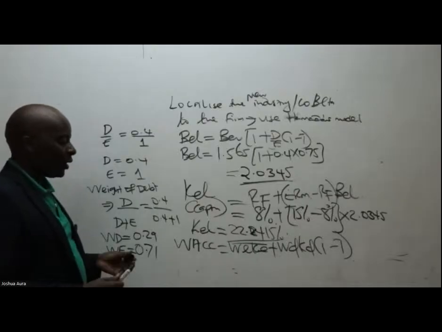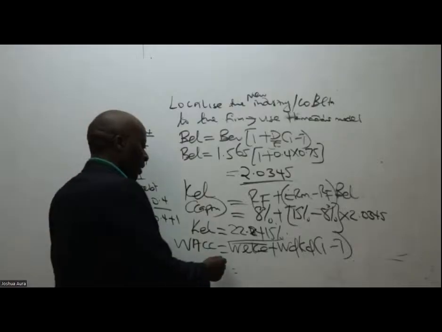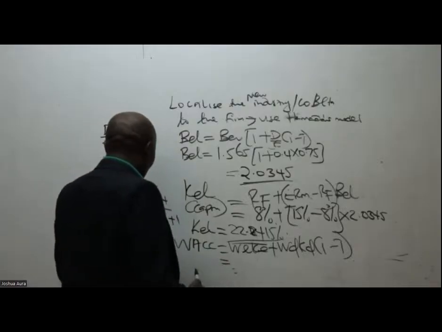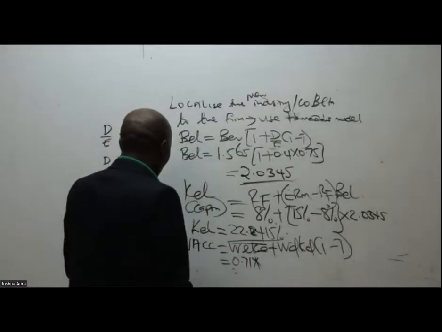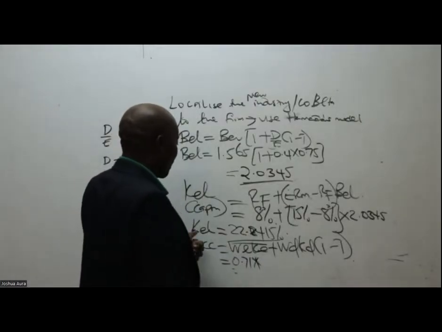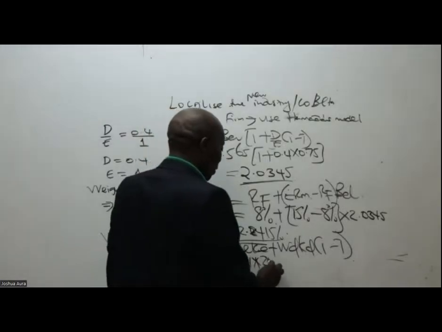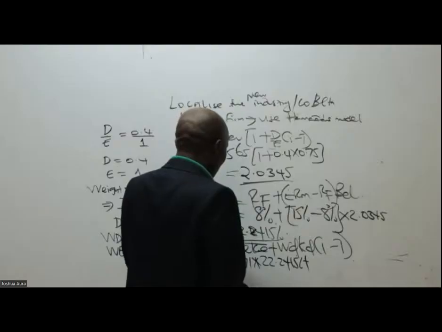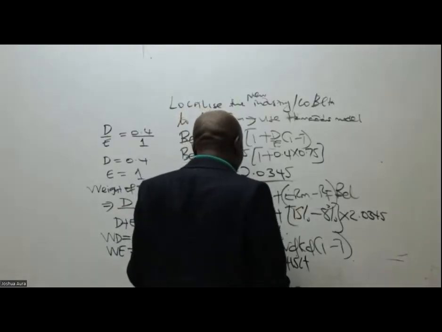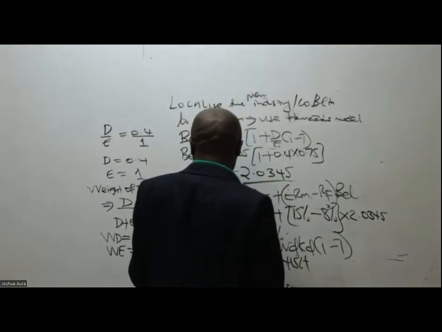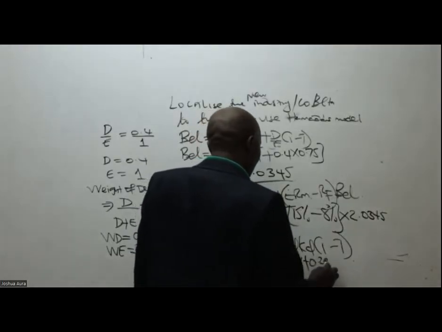So now we have everything to plug in here. Our WACC will be equal to weight of equity, which is 0.71, times cost of equity, which you had given me, 22.2415%, plus weight of debt, 0.29, times cost of debt.